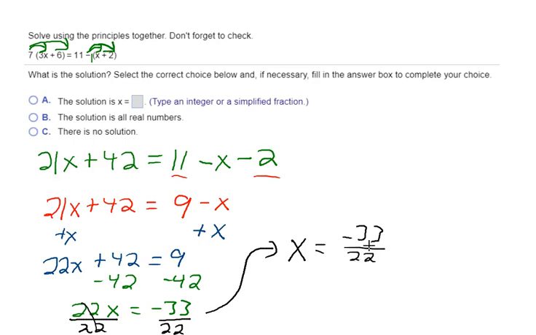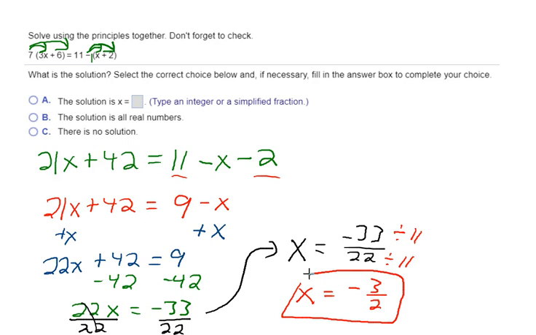The numbers are a little unconventional, but this can be reduced by dividing an 11 from the top and bottom. So we have to be on the lookout for that. It reduces to -3/2.